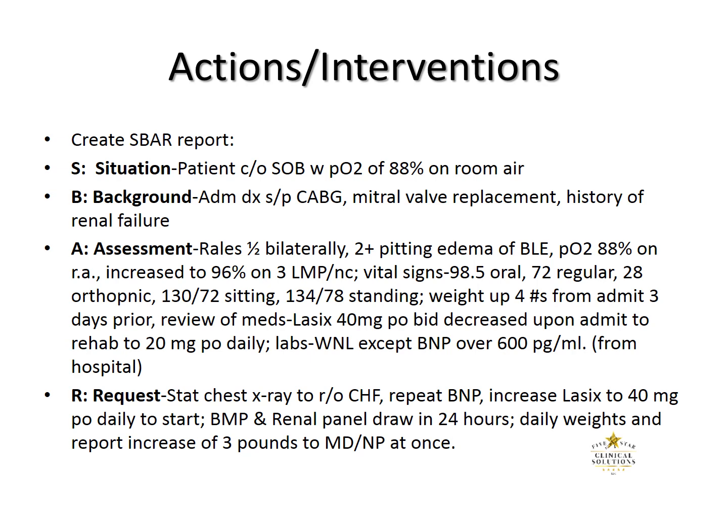The labs are within normal limits except the BNP, indicating heart failure, was over 600. So what are your requests and recommendations to the physician? Request a stat chest x-ray to rule out heart failure, a repeat BNP, increase the Lasix to 40 milligrams PO daily to begin, a BMP and a renal panel drawn in 24 hours, daily weights, if not already ordered, and report increase of 3 pounds to the physician or NP at once.